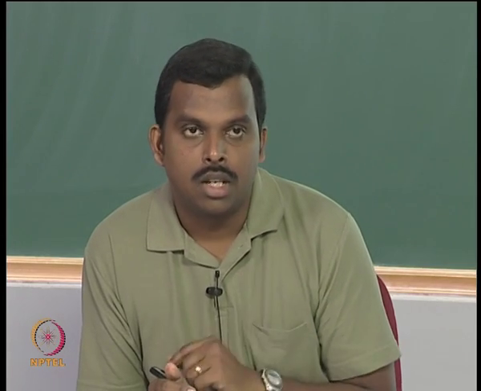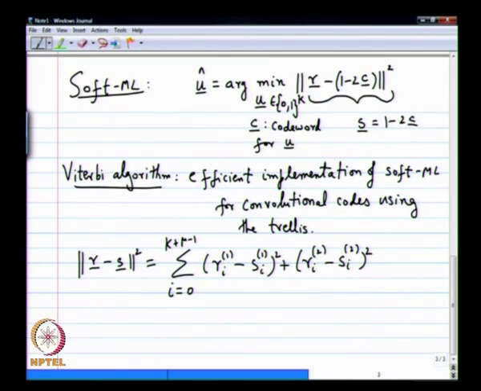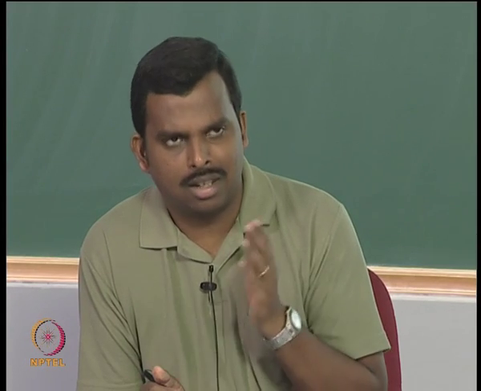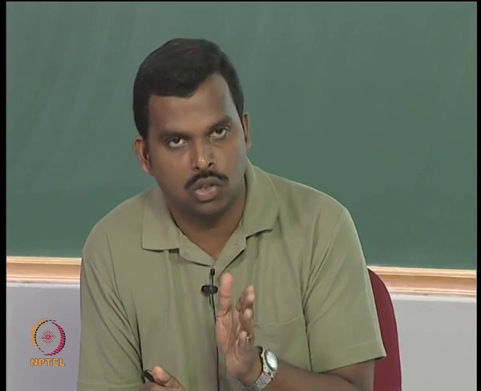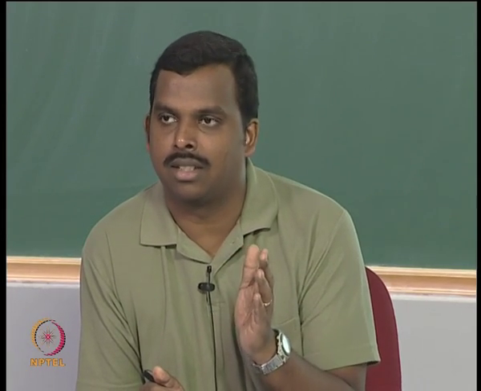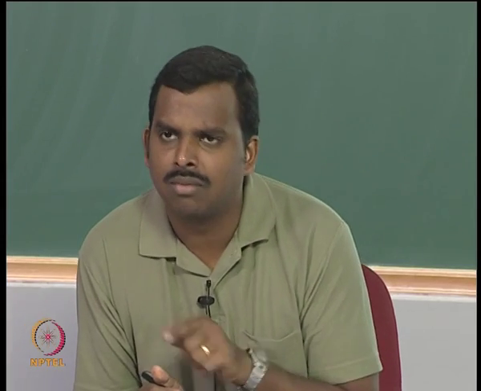Is that okay? The first thing we will do to translate this into trellis language is distribute this summation over stages of the trellis, and there is a very natural way to do that. Remember, the ith input is associated with the ith stage. So, the ith output Ri is also associated with the ith stage, and where will the Sis be?